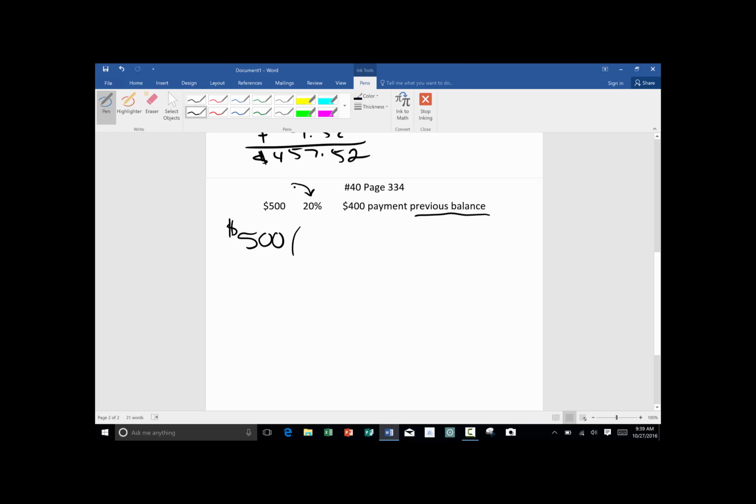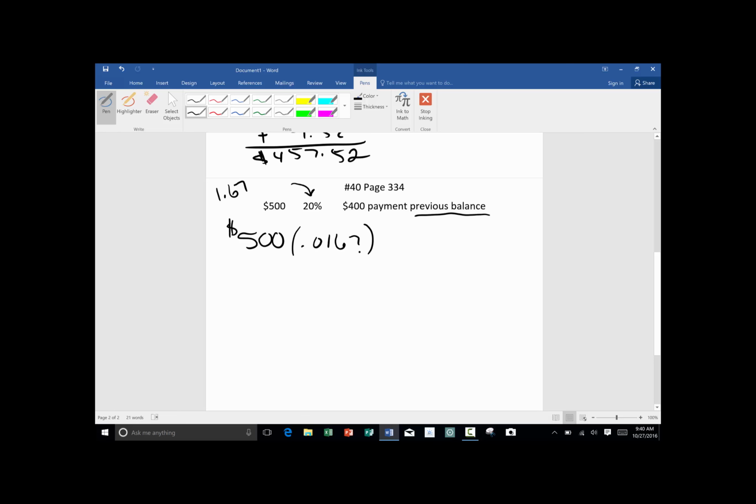Now, sometimes your book, instead of going ahead and doing the interest divided by 12, they go ahead and do the year divided by 12. It's going to be the same difference. So this is 1.67%, so this is going to be 0.0167.